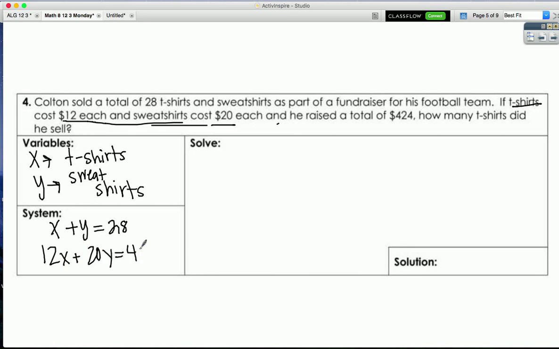There you go. So one equation was all about the number of shirts sold. The other equation was all about the cost for each and the total amount.